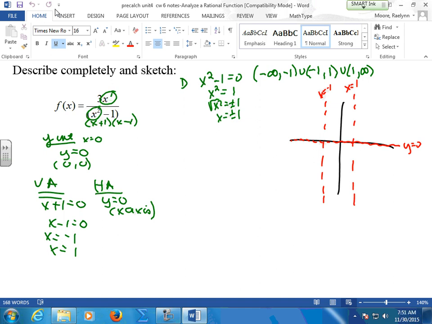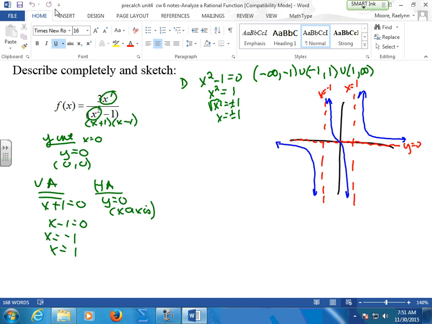So somewhere up in this part, I have something that guides along those asymptotes. Somewhere down here, I'm guiding along my asymptotes. And this guy in the middle happens to cross through this. So once you get all your asymptotes down, it's so much easier to sketch.